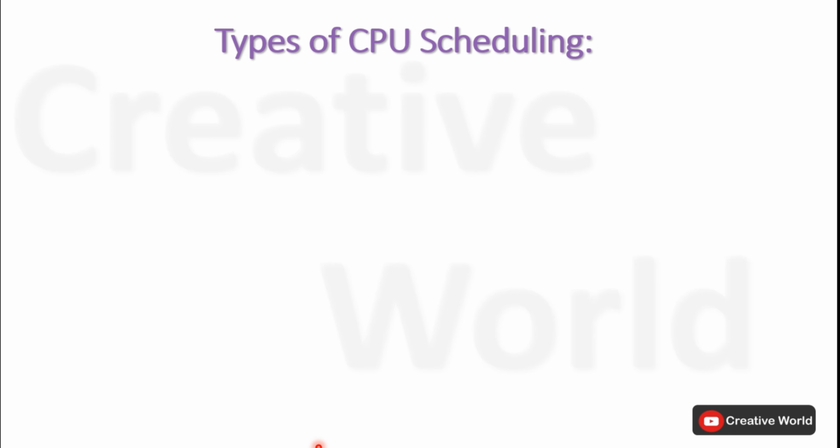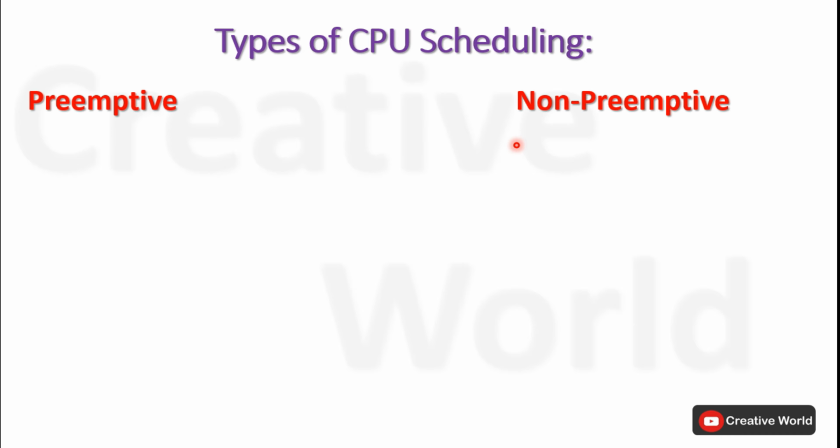First of all, if we talk about the types of CPU scheduling algorithms, these algorithms are categorized into two major types. One is preemptive and the other one is non-preemptive. Now these two types are further divided into 8 subcategories.